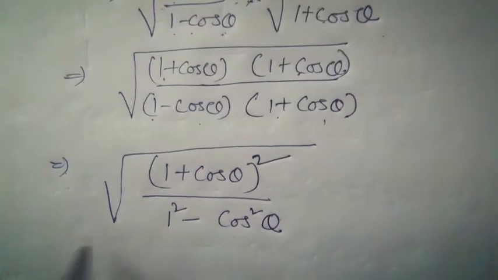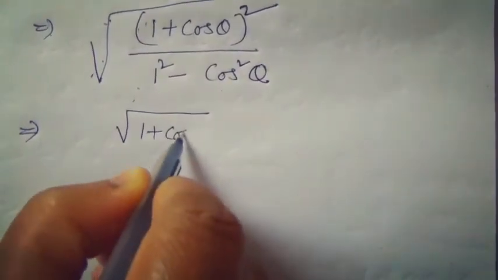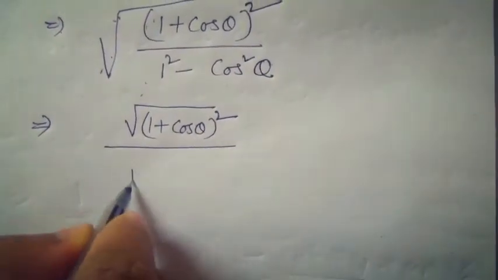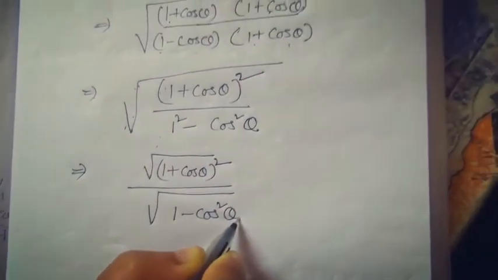Is it okay? So separate this root for both these terms: square root of 1 plus cos theta whole square by square root of 1 minus cos square theta.